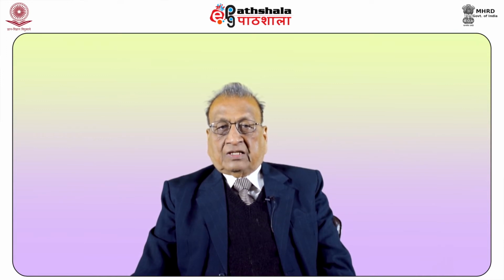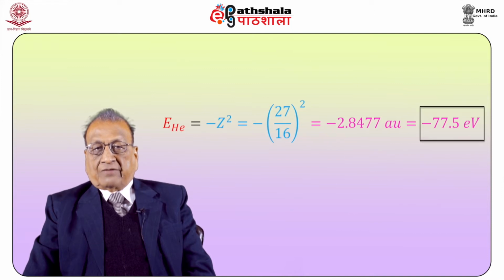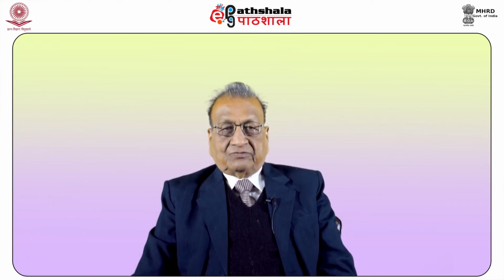Actually, the real value of the energy is minus 79.00 electron volt, but with the approximate value it is minus 77.5 electron volt. So, we have nearly 2% discrepancy between the real value of the energy and the approximate energy we have obtained.